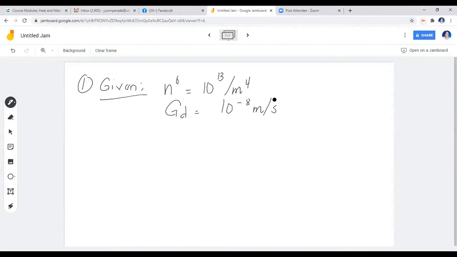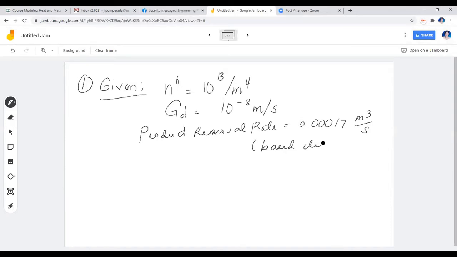And we have the product removal rate equal to 0.00017 cubic meter per second. So this is based on clear liquor.